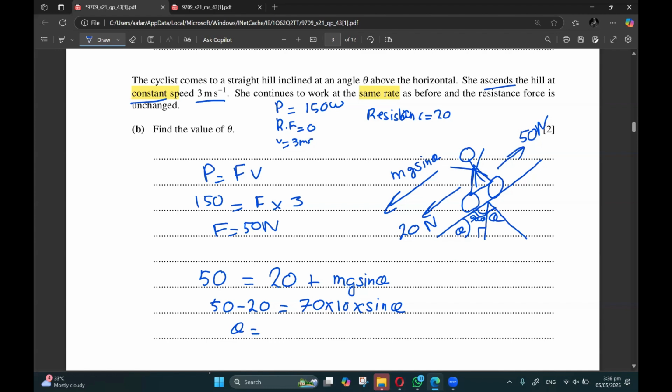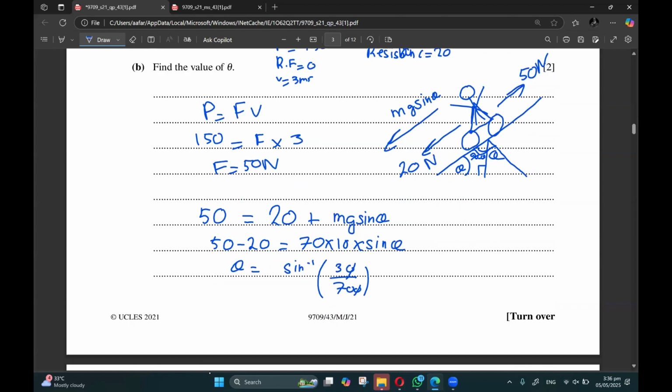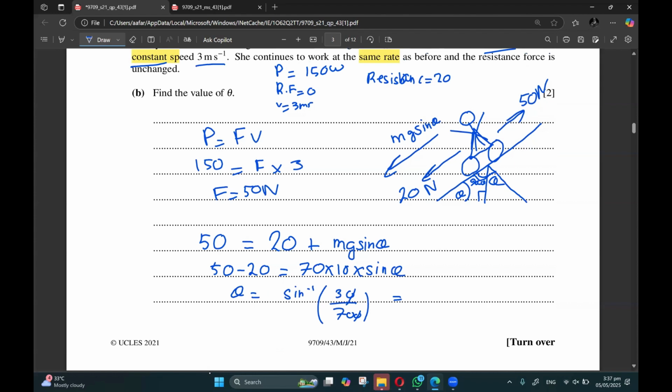So sine theta we get is 30 over 700, and theta is sine inverse of that, which is 2.45 degrees. And since we take the angle to one decimal place, we get 2.5 degrees.